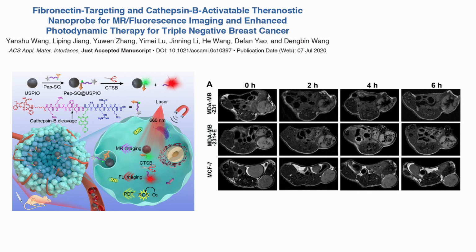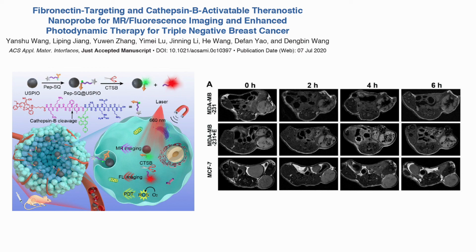These triple negative breast cancers also have high expression of cathepsin B. And so the cathepsin B then cleaved this nanoparticle to release this photosensitizer squaraine that then was used for photodynamic therapy, achieving this extracellular matrix type theranostic approach that was combined with photodynamic therapy to achieve fibronectin cathepsin B specific therapy in the tumor.